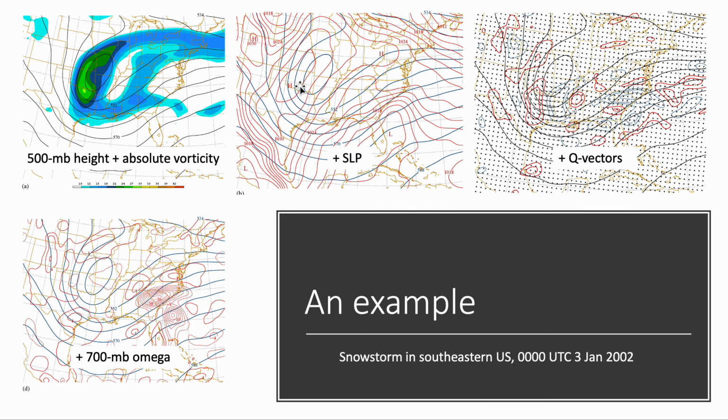And so we have differential cyclonic vorticity advection, ascent, but we also have cold advection, which would force descent. So simple QG omega, not good here. So we need to resort to the Q vectors.